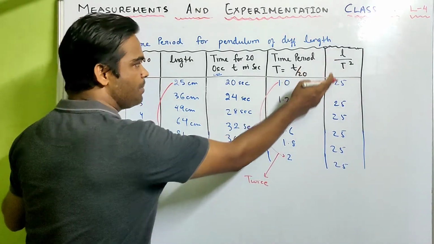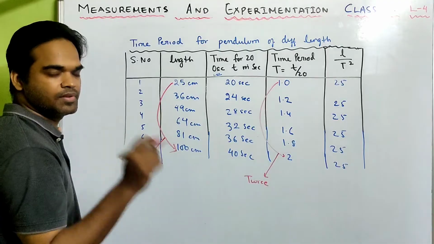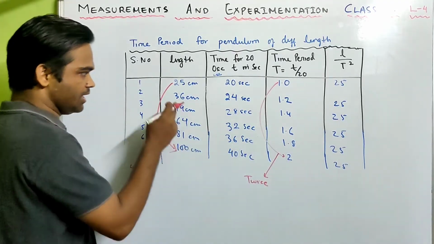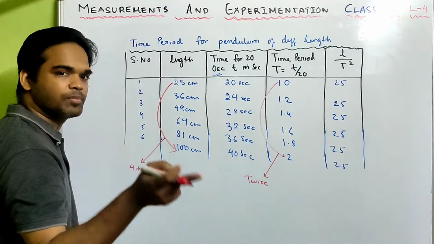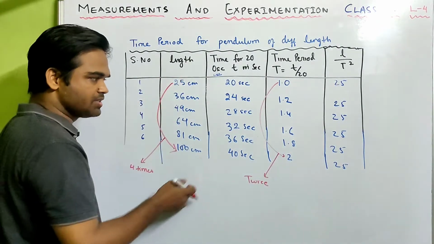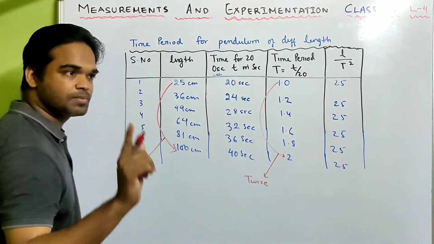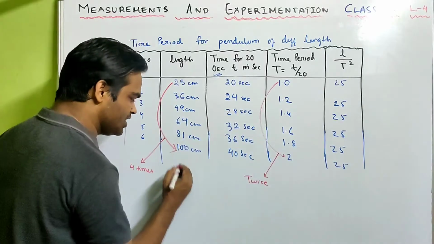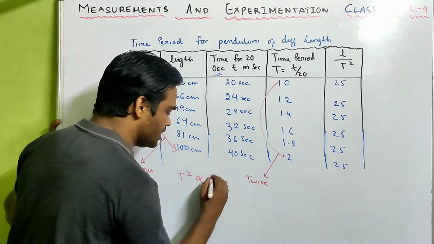And the quantity L by T square is coming constant, which clearly means that length and time are directly proportional to each other. How? We'll see that. When one increases, the other also increases. Now, this increases 4 times, this increases 2 times, which means T square is directly proportional to the length.